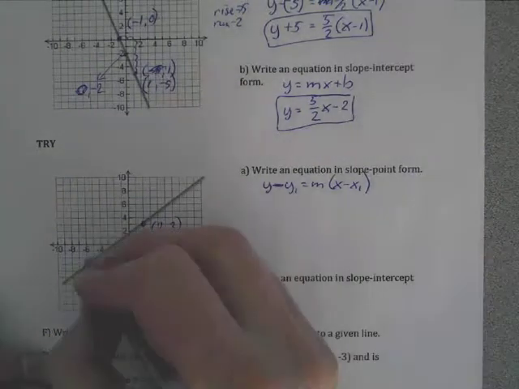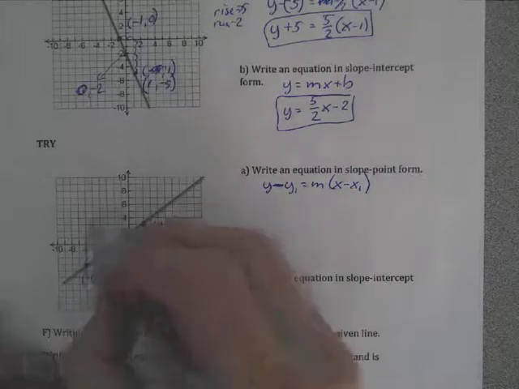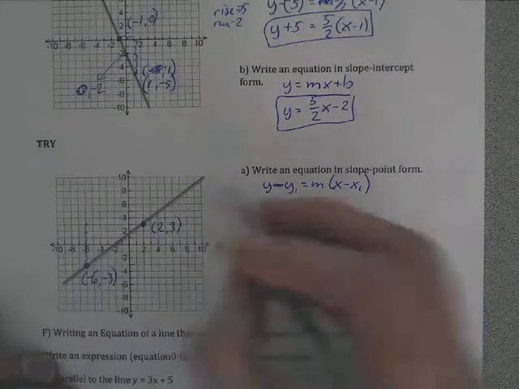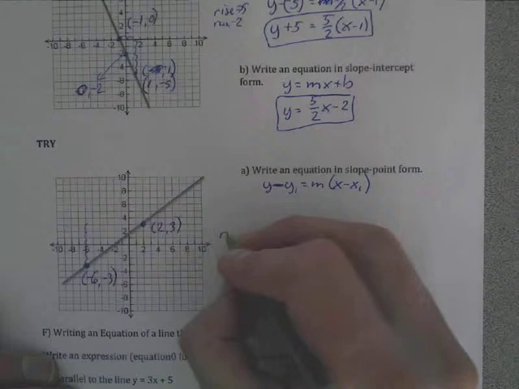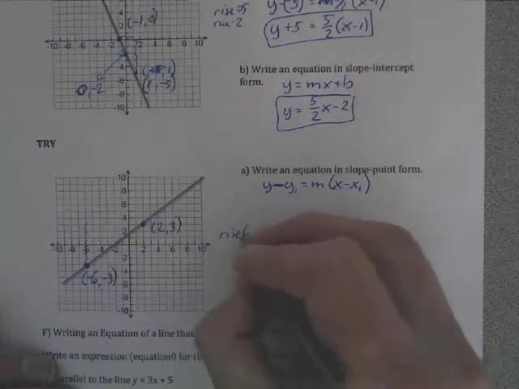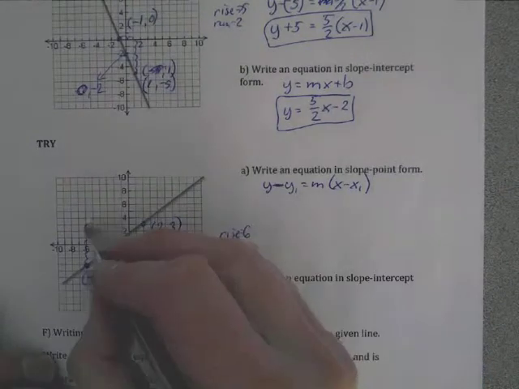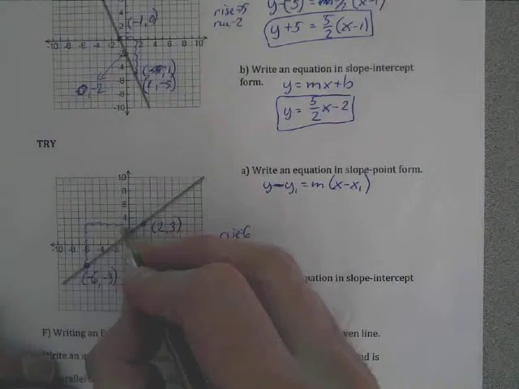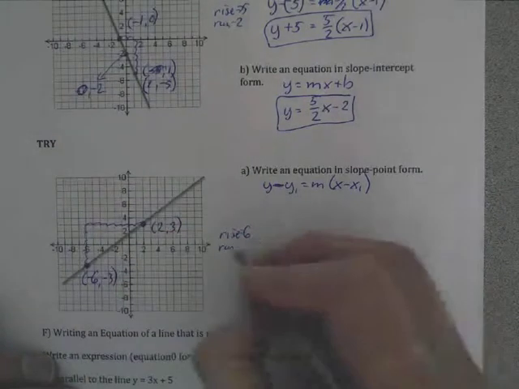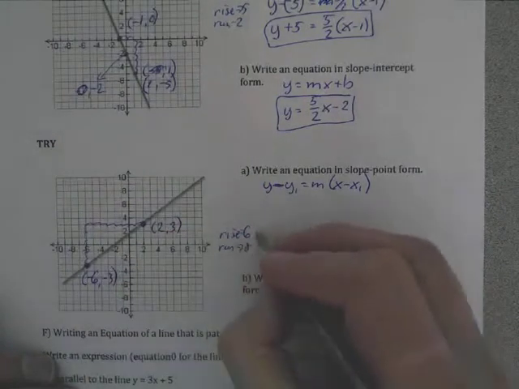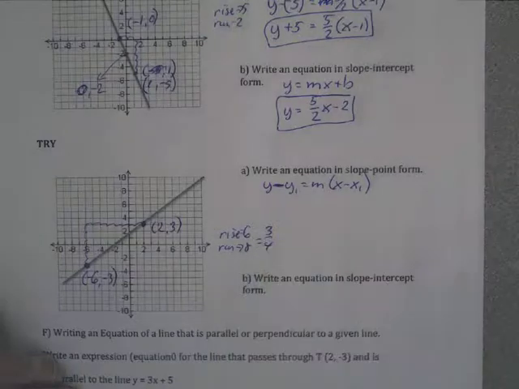So 1, 2, 3, 4, 5, 6. So it rises 6. And it runs across 1, 2, 3, 4, 5, 6, 7, 8. Runs across 8, which reduces, 2 goes into 6 three times, 2 goes into 8 four times, so there it is.